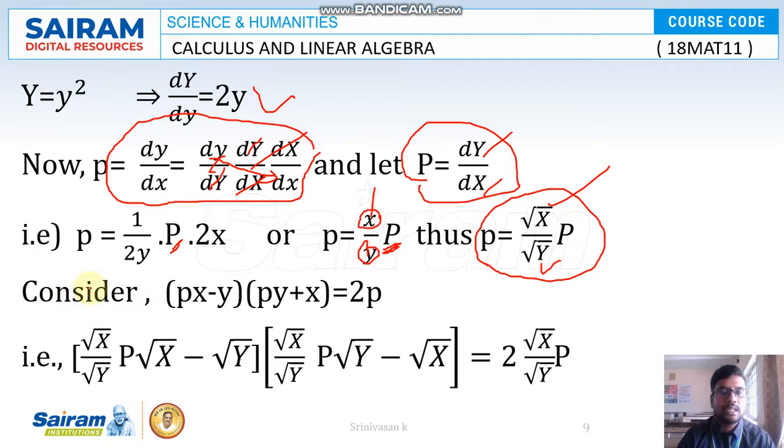Now consider the equation (px minus y)(py plus x) equal to 2p. Substitute the p value in each and every term.